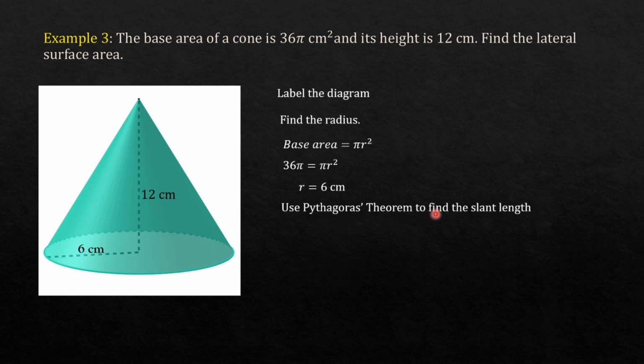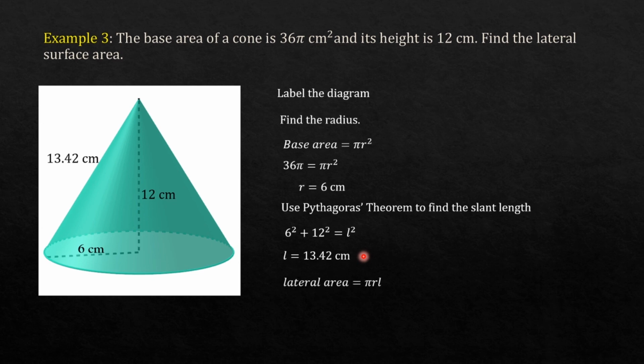Use Pythagoras' theorem to find the slant length. We need this length here. So we have 6 squared plus 12 squared equals L squared. By rearrangement, we'll get the slant length of 13.42 centimeters.